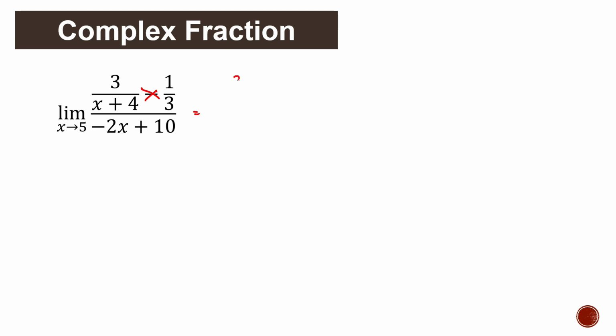So 3 times 3 is 9, minus 1 times x plus 4, all over 3 times x plus 4, all over negative 2 times x minus 5, right? So the entire numerator is this, that 9 minus x minus 4 over 3x plus 12.